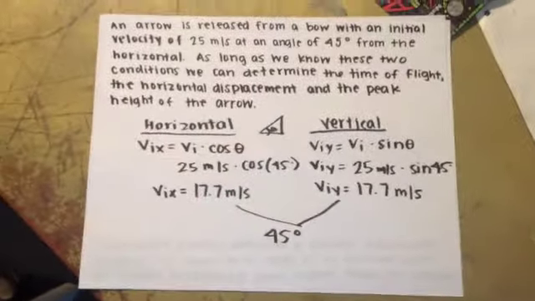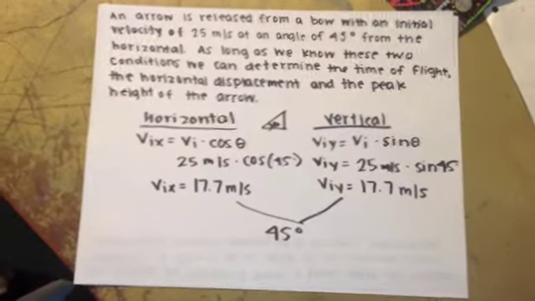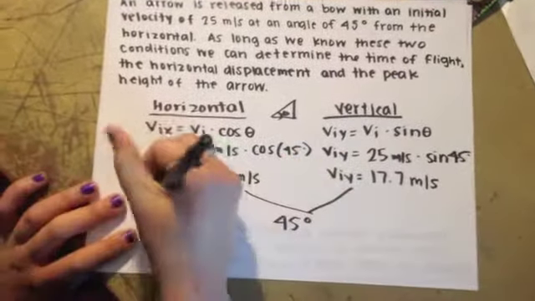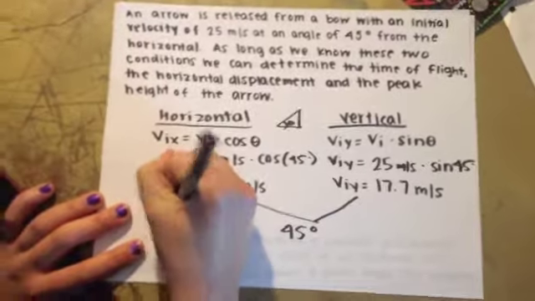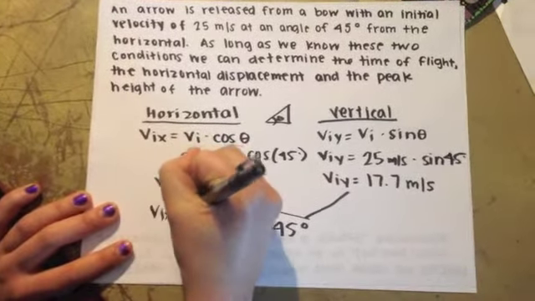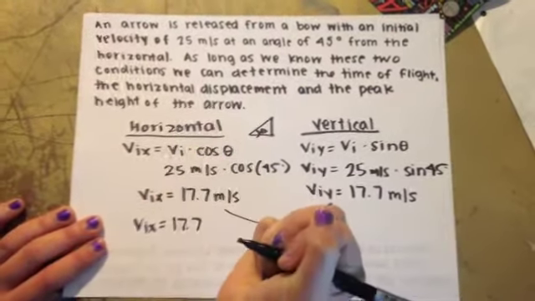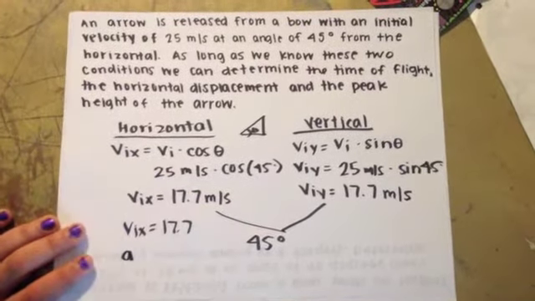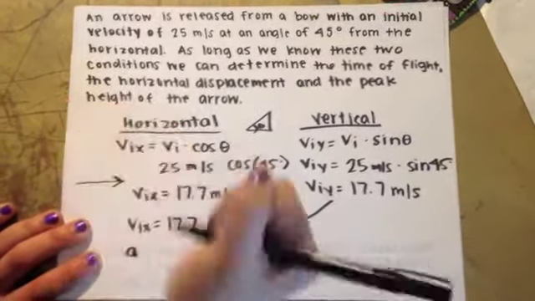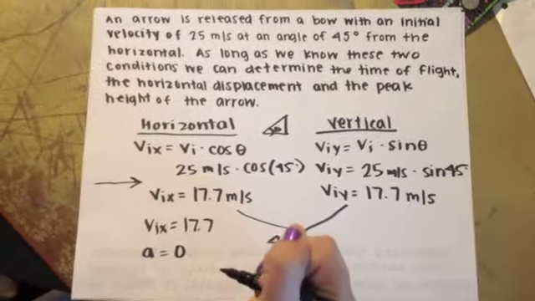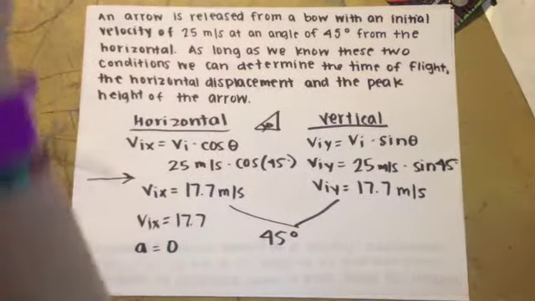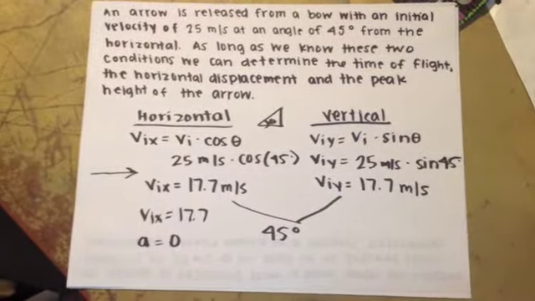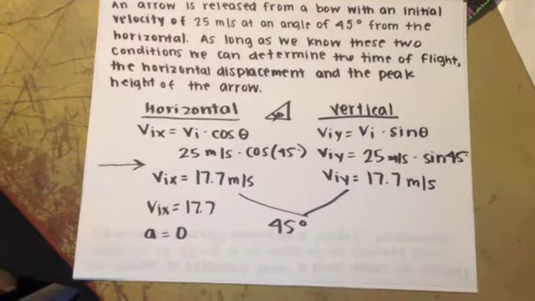The solution continues by declaring the values of the known information in terms of the symbols of the kinematic equations. The initial velocity in the x direction is 17.7, which is what we just found, and the acceleration in the x direction is 0 because there is no actual acceleration. Once we throw and have the initial velocity, there are no other forces pushing it in the horizontal direction.